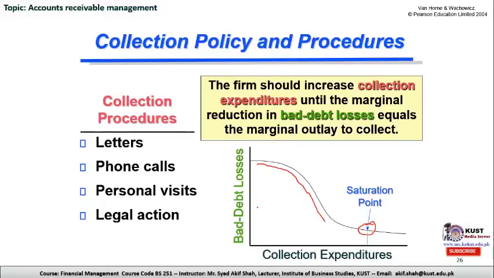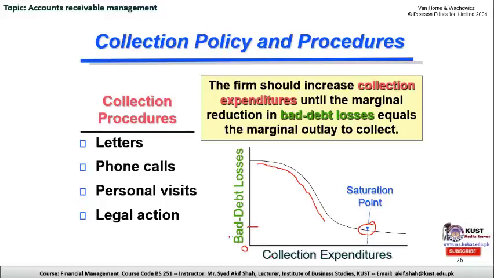So we have to stop over here, and we cannot minimize our bad debt losses towards totally zero bad debt losses, which is not worthwhile because our marginal increase in the collection expenditure is quite greater than the decrease in the bad debt losses.